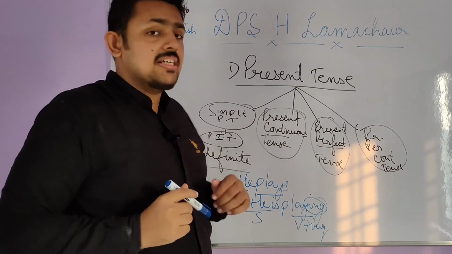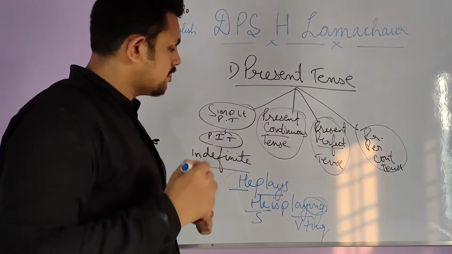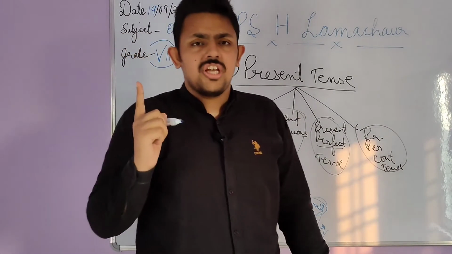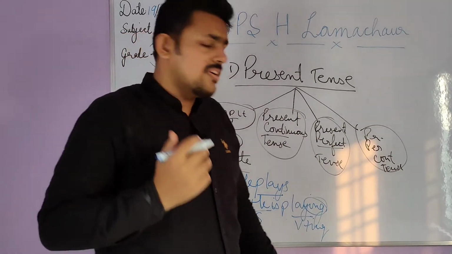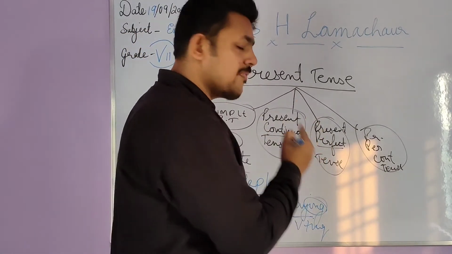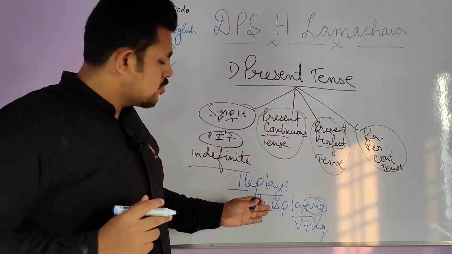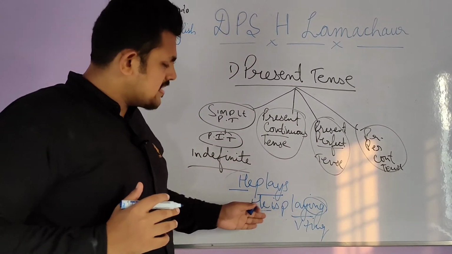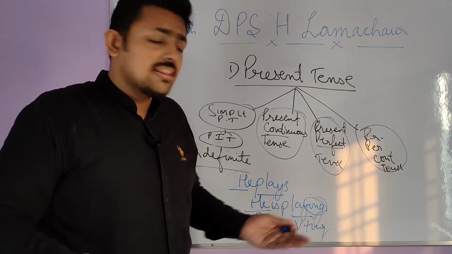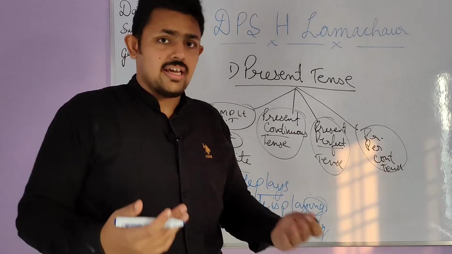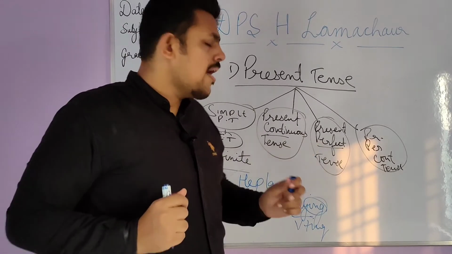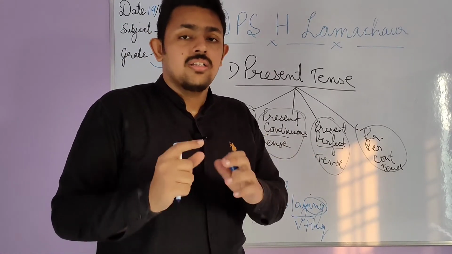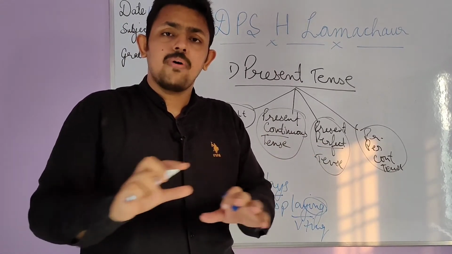Now we have the present perfect tense. A change is there. You might get confused, so let me tell you. Here we were using the present form, he plays, वो खेलता है, he is playing. But there is a slight change in the third one, present perfect. The tense is in perfect state.